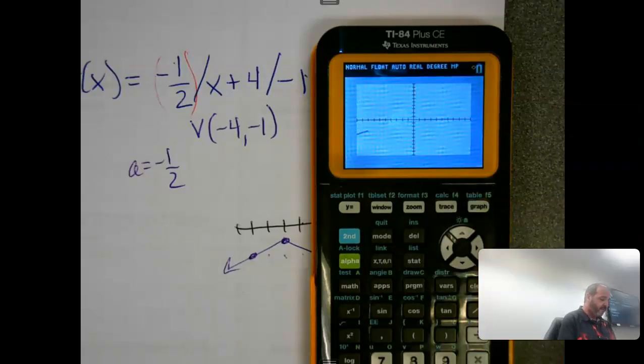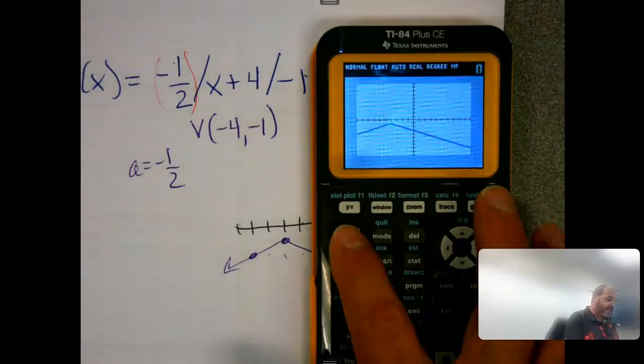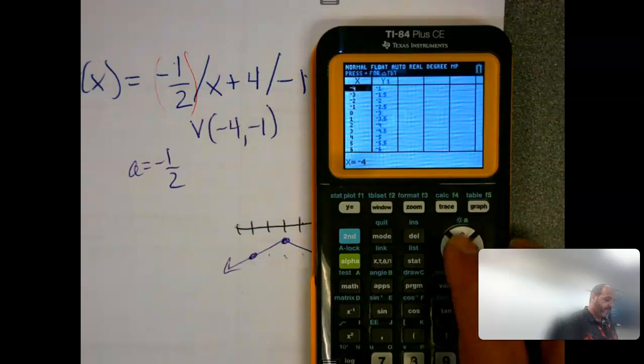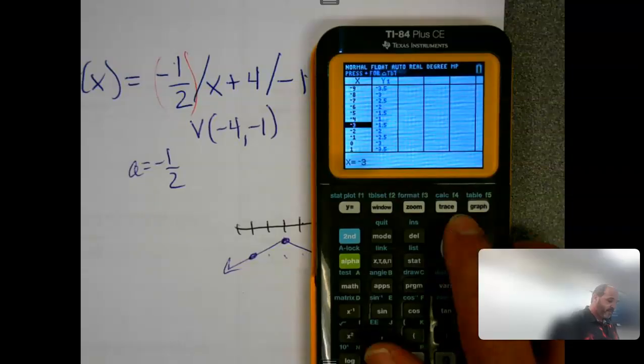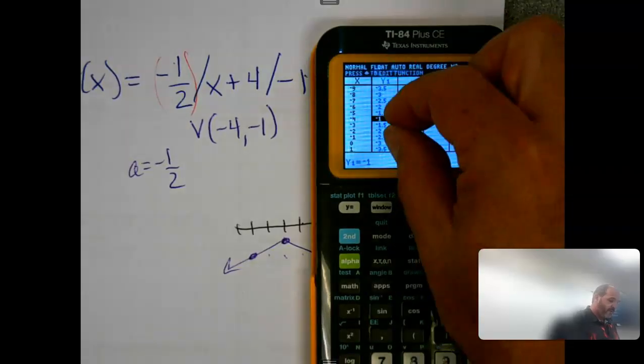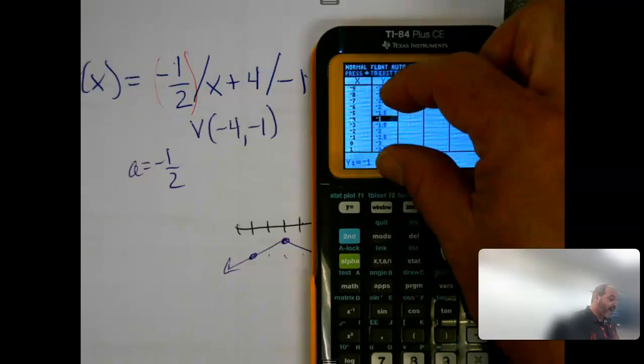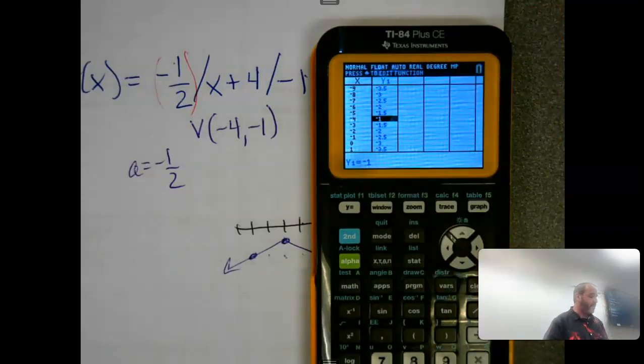So I look at my graph. I can kind of see it looks like the one I made already. But again, if I didn't do this in advance, second graph, ooh, look at all those decimals. So I see negative 1.5, negative 2, negative 2.5, negative 3. I see the same numbers on both sides.